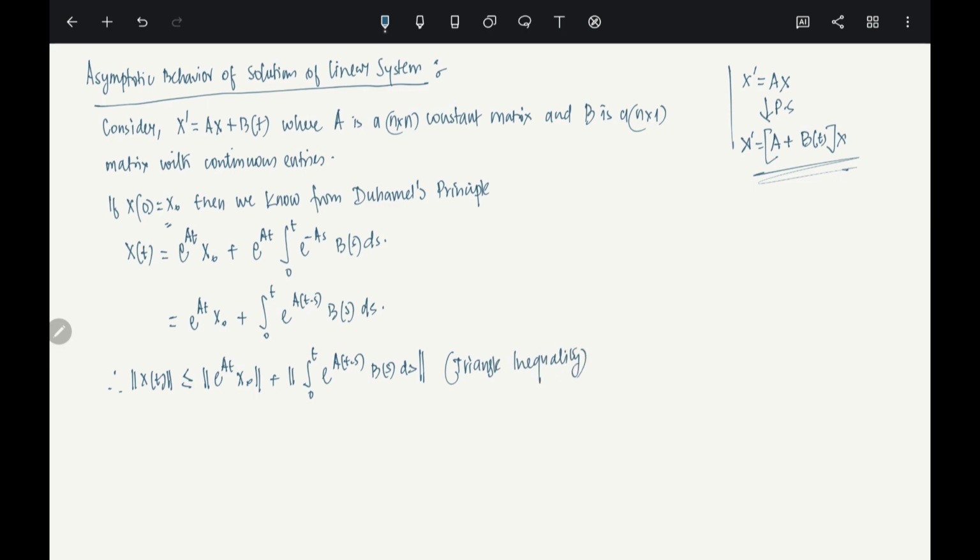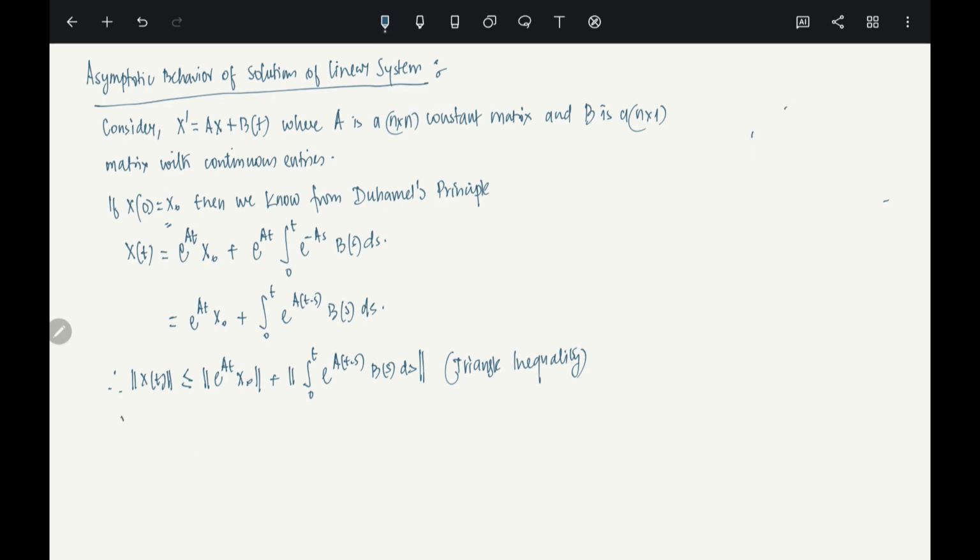Okay. Now see this term again. You remember in the first lecture when we talked about the norm of e to the power A t, we wrote it as less than or equal to e to the power eta t, for some eta. So I am going to use that fact here.